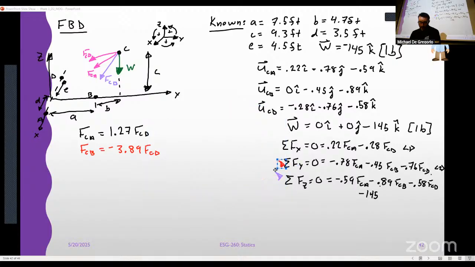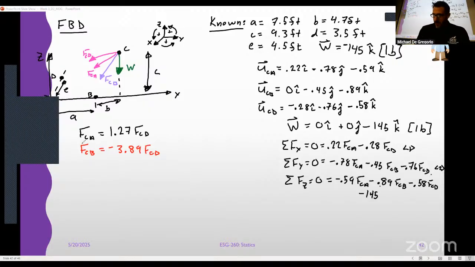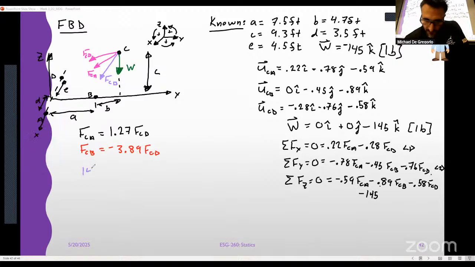Okay, so we're gonna put both of those into equation 3 now, right? And that's fun. So we end up, I'm going to move the 145 over to the left-hand side, and that is equal to negative 0.59 times FCA. But we know that FCA is 1.27 times FCD, right?